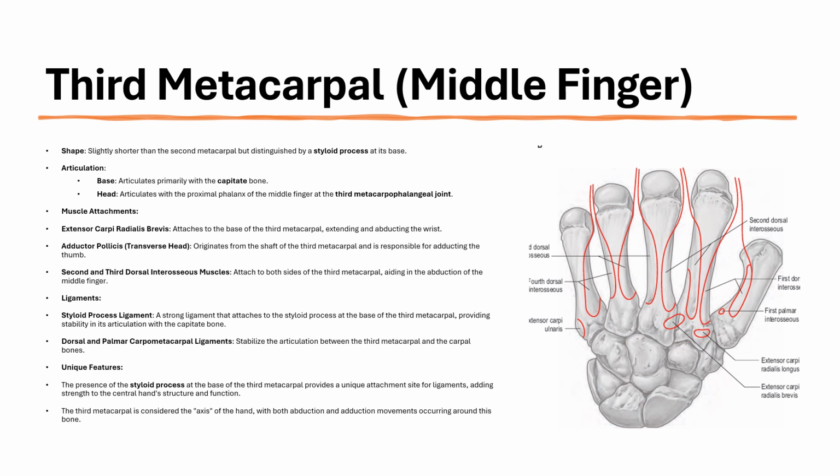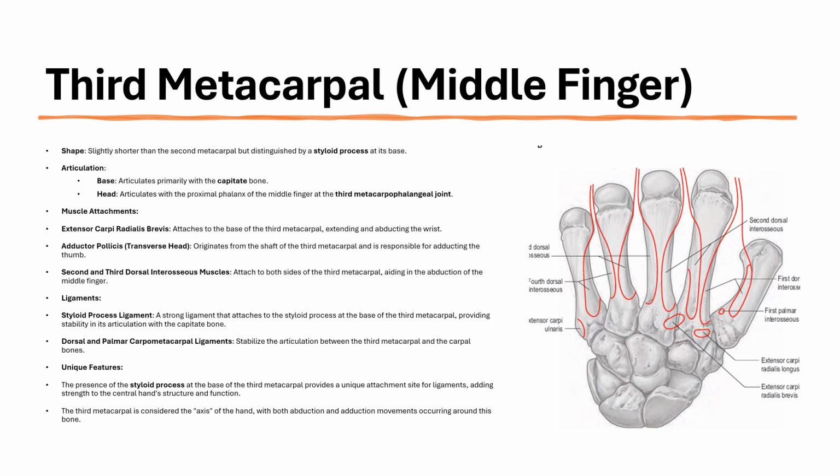It's the only metacarpal having a styloid process at the base. When we talk about its articulation, the base articulates primarily with the capitate bone and the head articulates with the proximal phalanx of the middle finger at the third metacarpophalangeal joint.